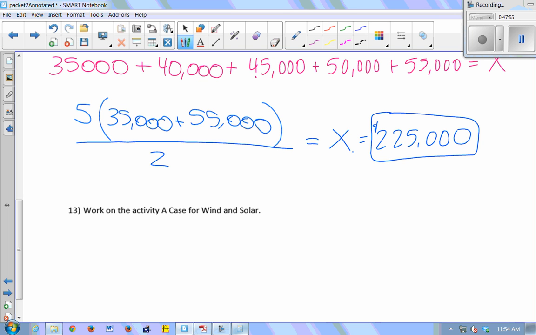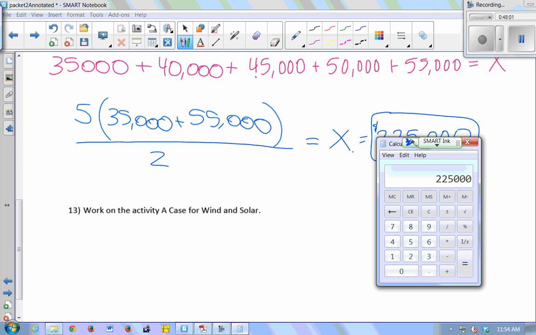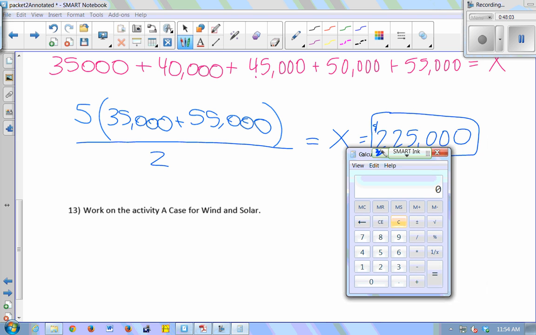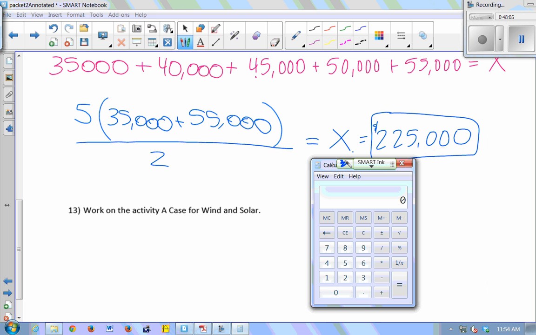Over 5 years, that's how much they will be paying in taxes. So let's actually just add up the 5 numbers and make sure that it comes out to $225,000 so that we can trust this formula. So 35,000 plus 40,000 plus 45,000 plus 50,000 plus 55,000 is 225,000.